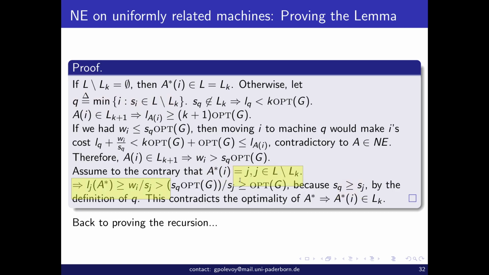Therefore, this is at least optimum. And now we have arrived at the fact that the load under A star of the machine J is strictly larger than the optimum. We have strictly larger on the way of this inequality chain.